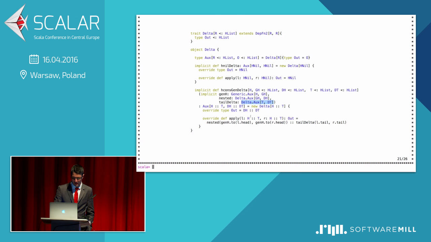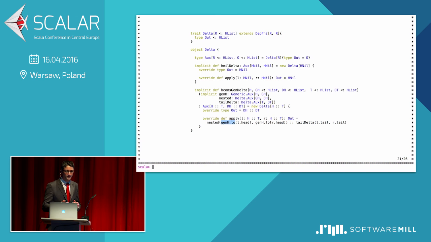And the types are quite obvious. The output type will be the output type of the nested delta followed by the output type of the tail delta. It just goes 1 level deeper. And again, the implementation here is obvious. You don't have a choice. That's the only thing you can write.